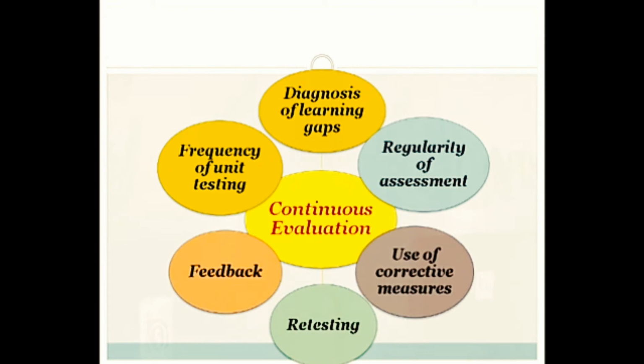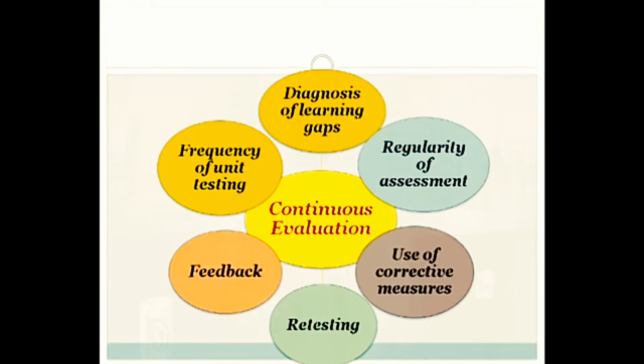Then on the basis of this, we try to diagnose the learning gaps in CCE. This is another feature of the continuous aspect of evaluation. What are the learning difficulties? What are the learning gaps of the student? We try to identify those learning difficulties, those learning gaps among the students.